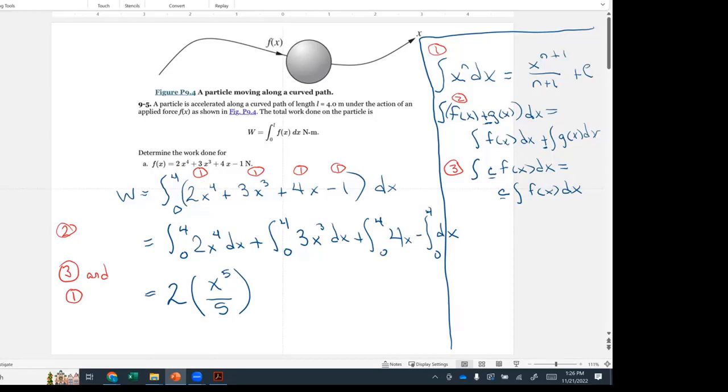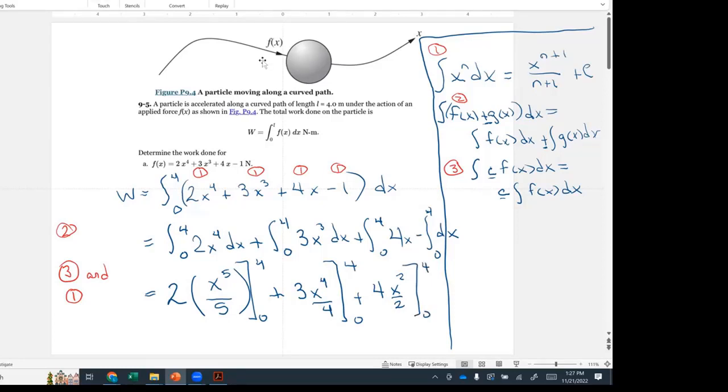The integral of this first function, I'm going to evaluate between 0 and 4, plus 3 times the integral of x to the 3rd, which is x to the 4th over 4, again between 0 and 4, plus 4 times the integral of x, which is the same as x to the 1st power, so it would be x squared over 2, also between 0 and 4.